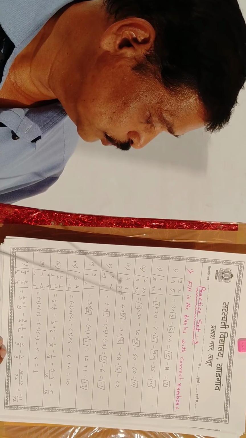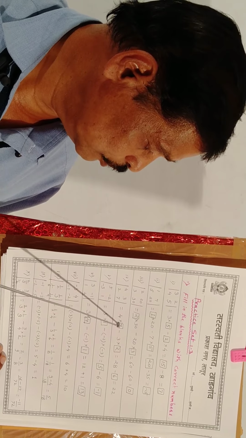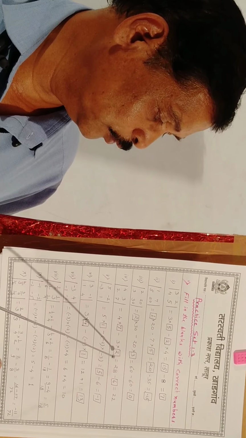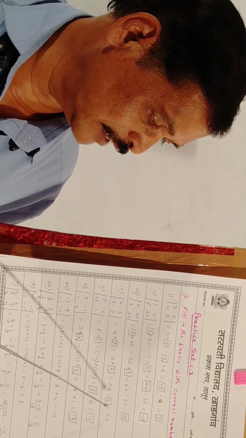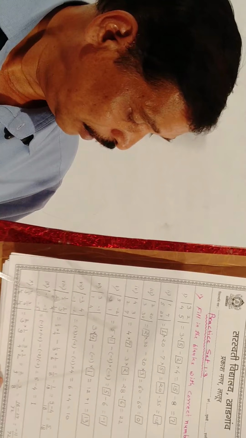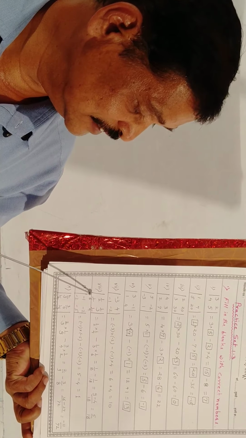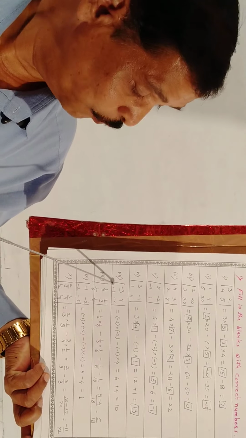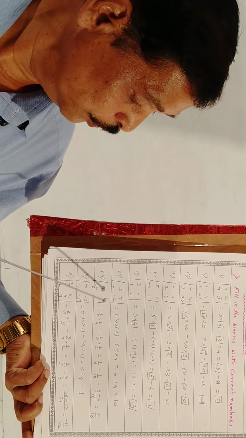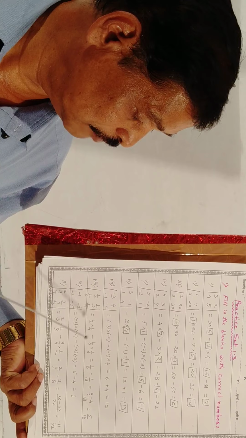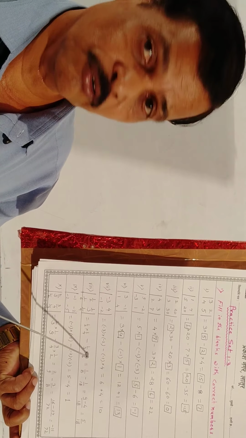4, 3, 2, 7 is equal to 4 into 7 minus 3 into 2 is equal to 28 minus 6, we get 22. Already some fraction determinants are there. 1 by 2, 1 by 3, 1 by 6, 1 by 4 is equal to 1 by 2 into 1 by 4 minus 1 by 3 into 1 by 6.